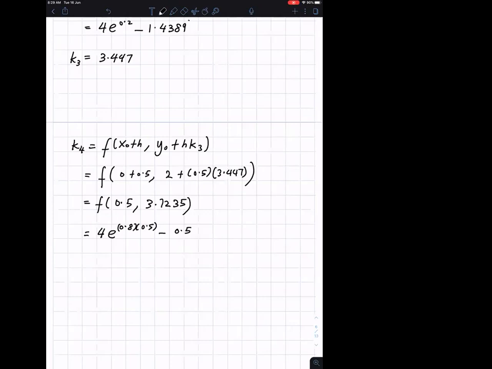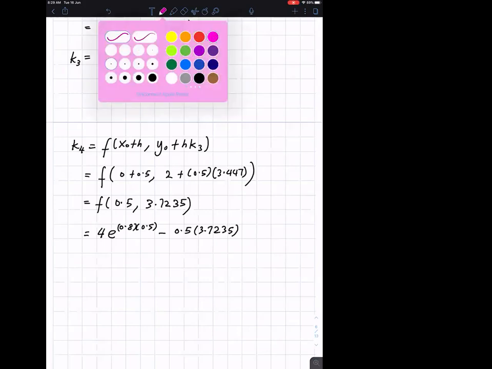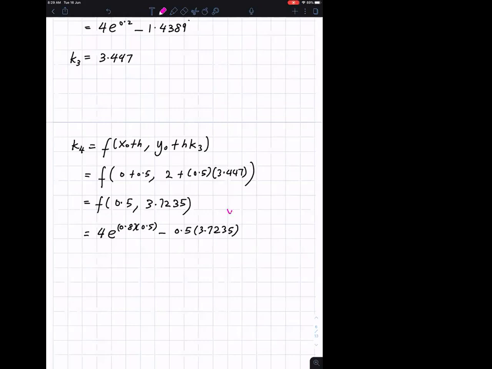Sorry, multiplied by Y. Okay, which is 3.7235. So if you don't know what you're doing, you won't know which equation I'm plugging into this equation.